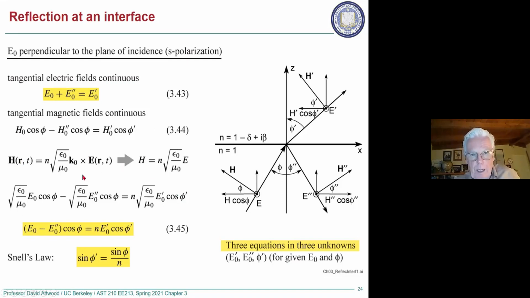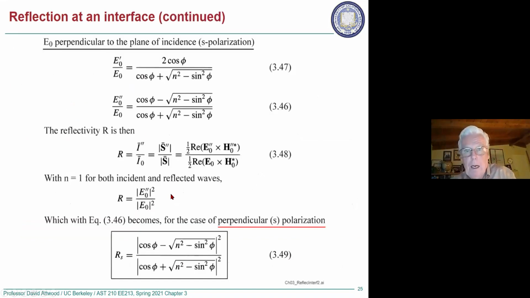If we combine these, we'll wind up with 3 equations and 3 unknowns. Here's the boundary condition on the electric field, the boundary condition on the magnetic field, and then Snell's law. If we combine those 3, we'll get these ratios.